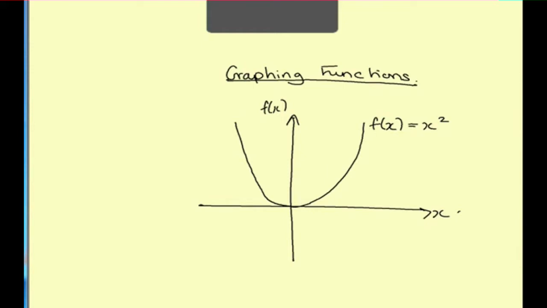When we graph functions, the f of x value appears on the vertical axis, and on the horizontal axis we have our variable x. So in this example we've got f of x is equal to x squared. So the function of x is to take x and square it. So for example, if we supply a value of 2 into the function, we square it to get 4.